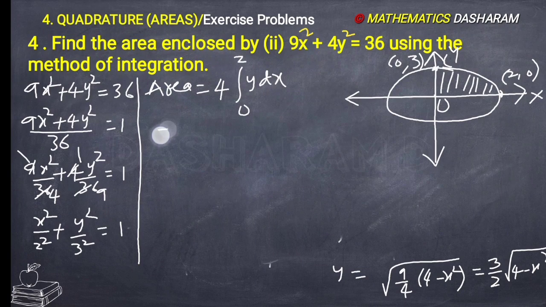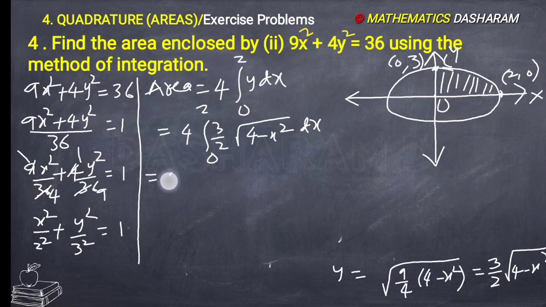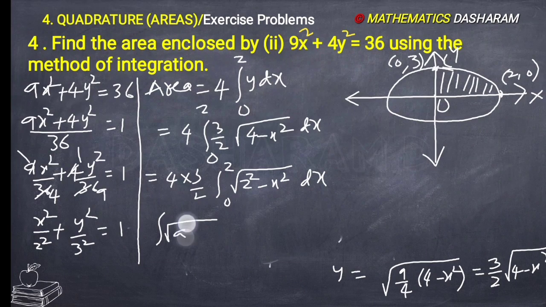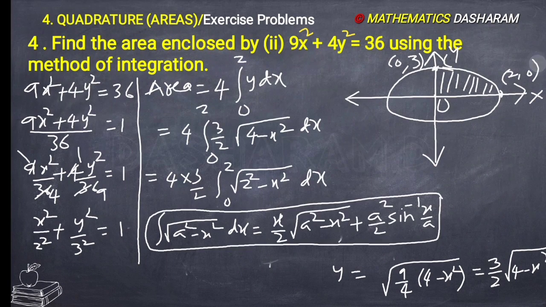So therefore the area is 4 into integration 0 to 2 of 3 by 2 into under root 4 minus x square dx. So it is equals to 4 into 3 by 2 into integral 0 to 2 under root, 4 can be written as 2 square minus x square dx. So here the suitable formula is integral of under root a square minus x square dx is equals to.